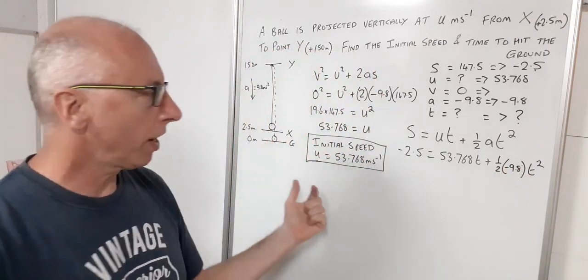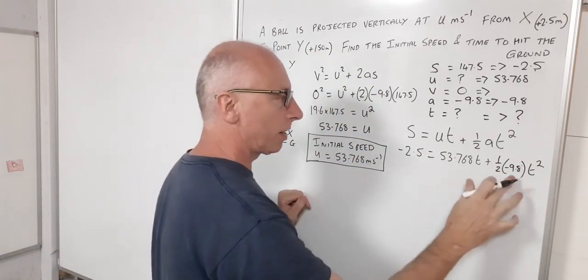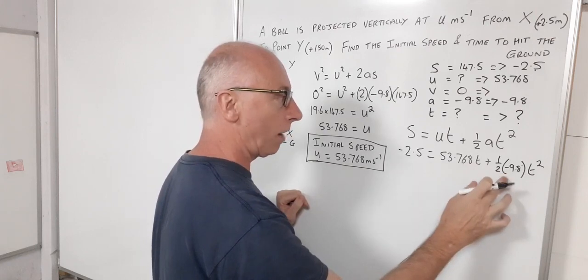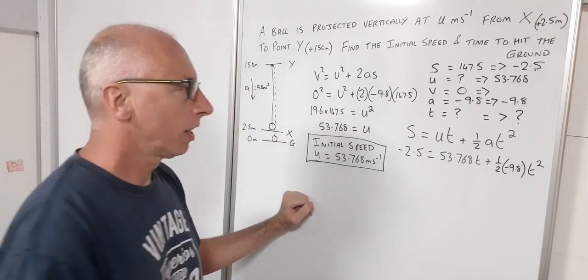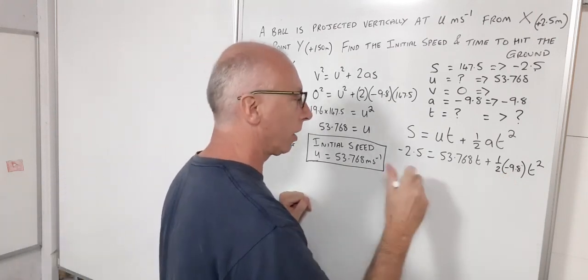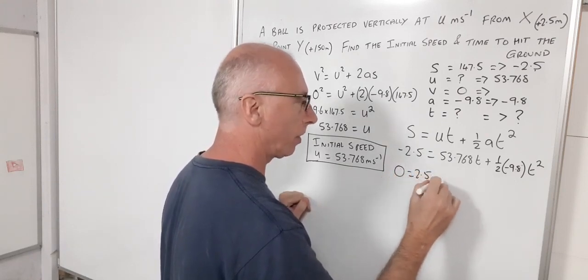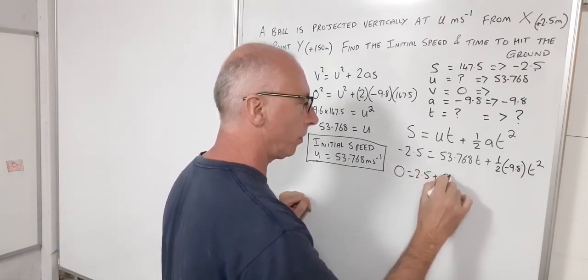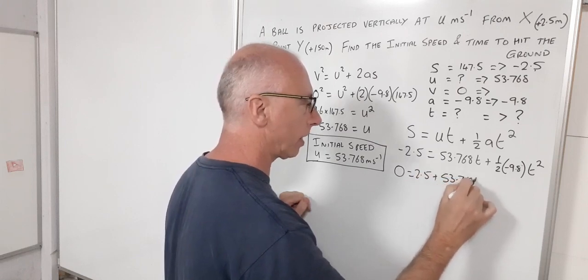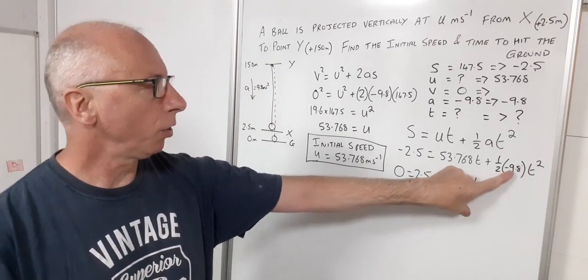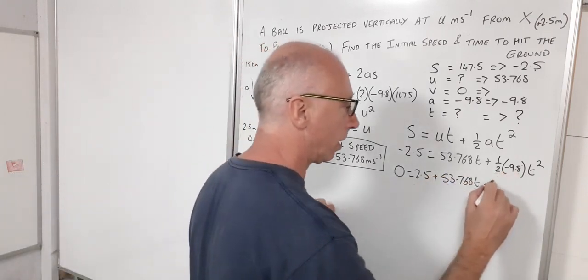Let's simplify this a little bit. Let's get everything over to this side. So I've got 0 equals 2.5 plus 53.768 T, and then minus 4.9 T squared.